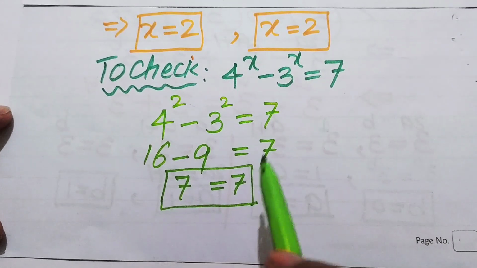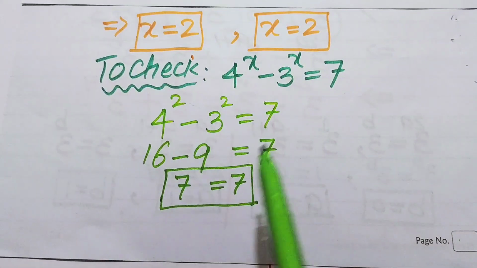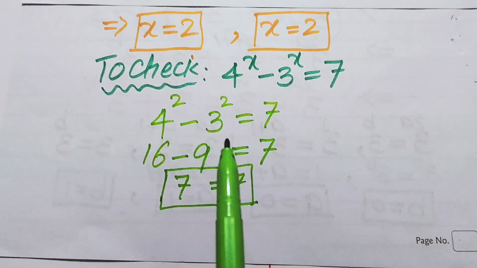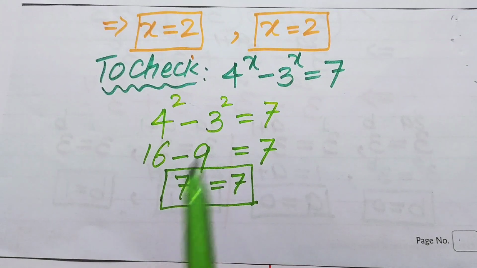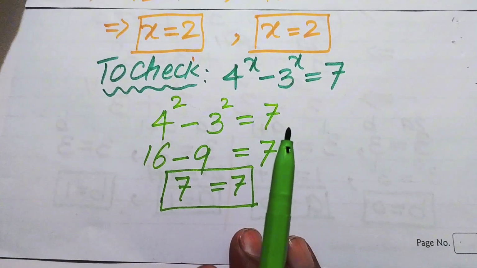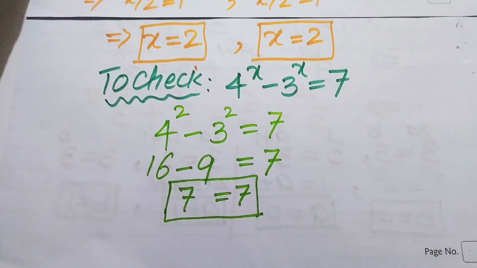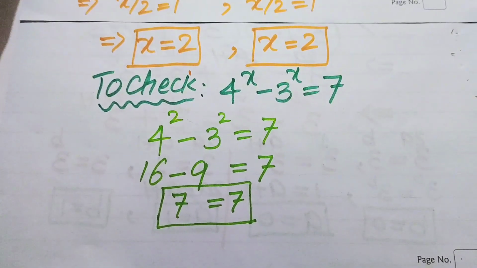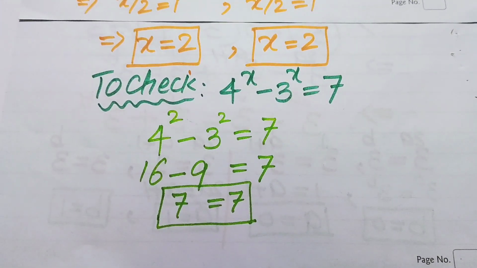This shows that x equals 2 satisfies our question statement, so x equals 2 is the only solution or root of the given equation. This is our final answer.